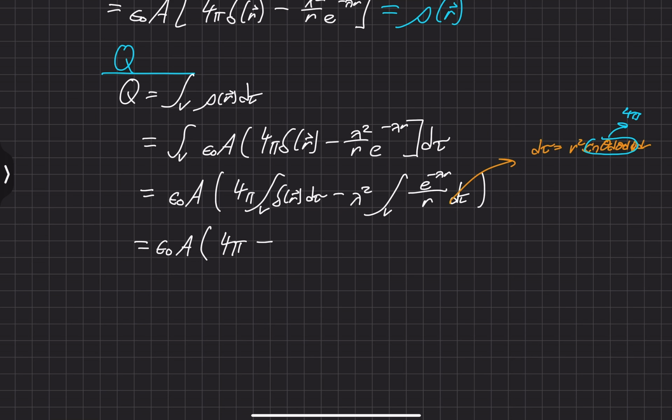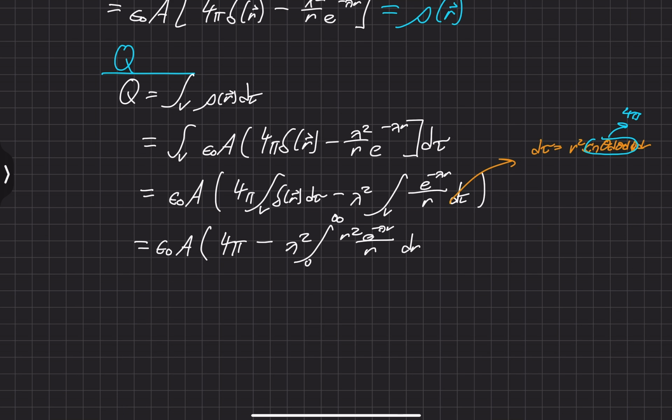And so this whole thing ends up being lambda squared times a volume integral, but that integral just goes from 0 to infinity, because we're integrating over all space for this r, from the origin all the way out to infinity, for this spherical coordinate of r squared, this exponential over r, and then dr here.